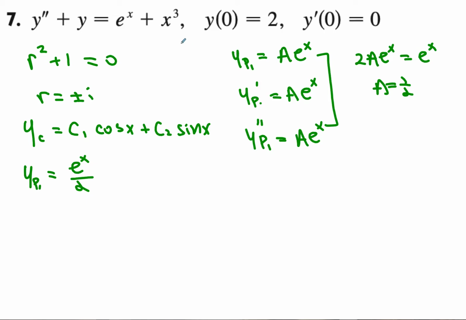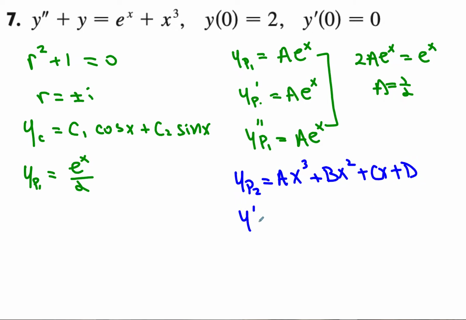Now, second one is, how can you get x cubed? The only way that's possible would have been, let me just call it a x cubed plus b x squared plus c x plus d.